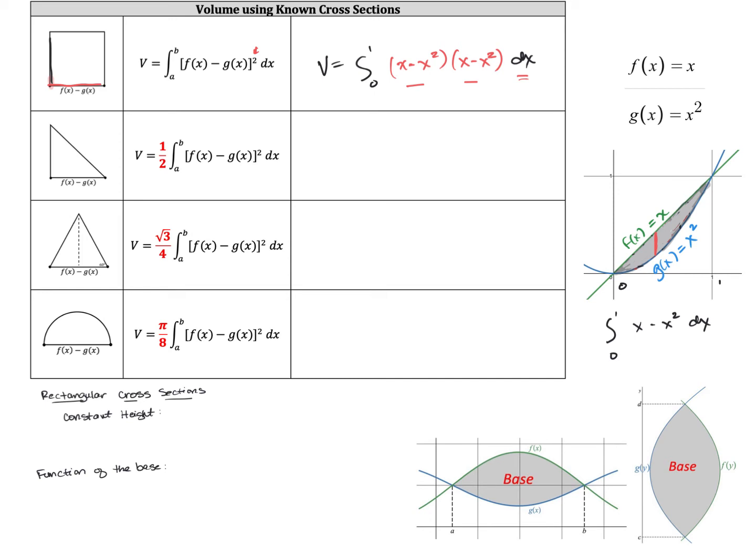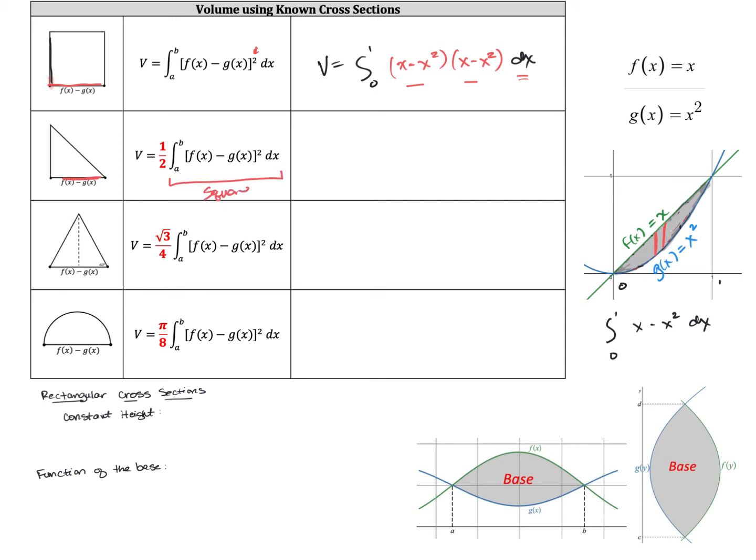But what if instead of squares, our cross sections were isosceles right triangles? So the base is still going to be the same. So here's the base. But now the equation is going to be a little different. If you notice, we have the 1/2 that we developed, but also this is the formula of square cross sections.